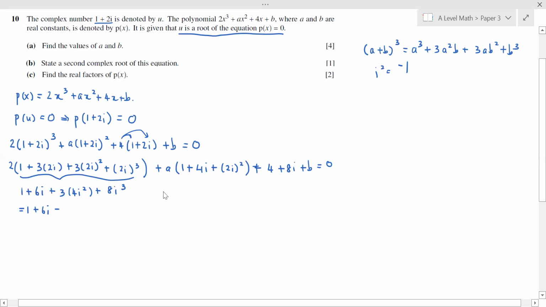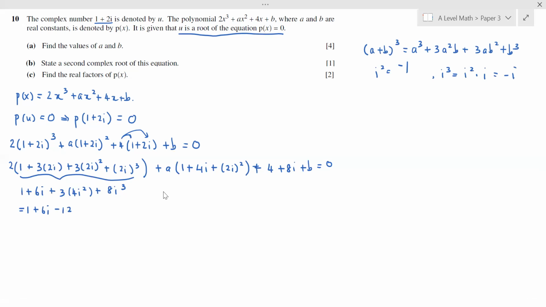So we have negative 12. And then i cubed is i squared times i, which will give us negative i. So we have negative 8i. So that will give us negative 11 minus 2i.